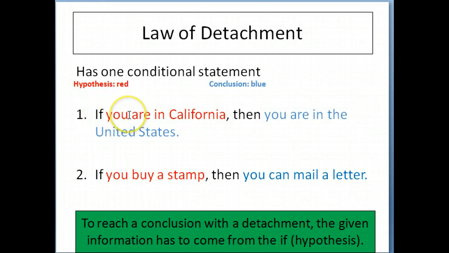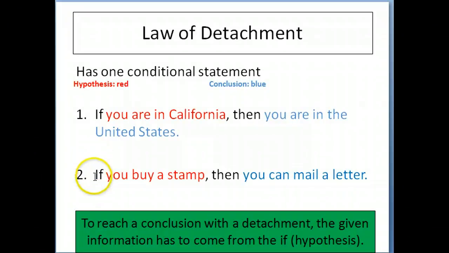So the rule is, if you're in California, the conclusion you can draw from anyone being in California is that they're in the United States. Here's our second example. If you buy a stamp, then you can mail a letter. So the rule is if you buy a stamp, then you will be able to mail a letter.